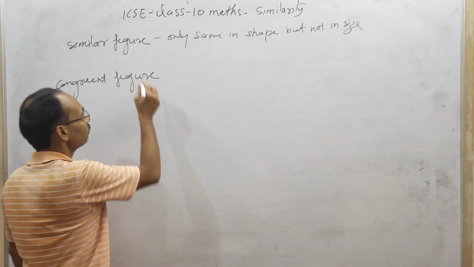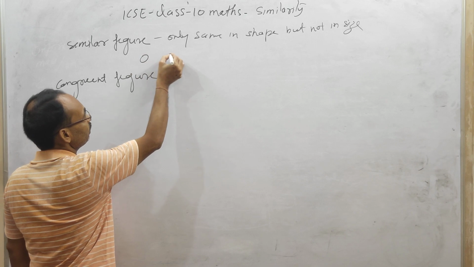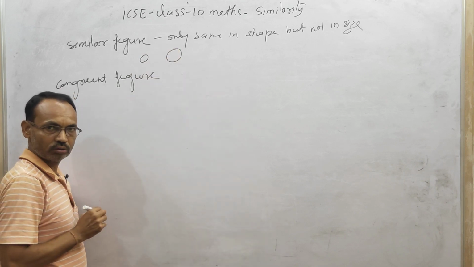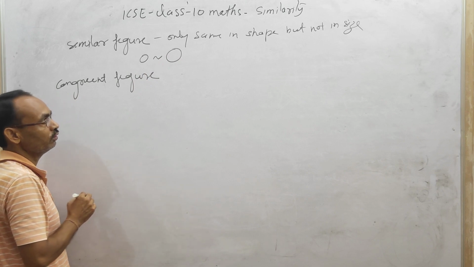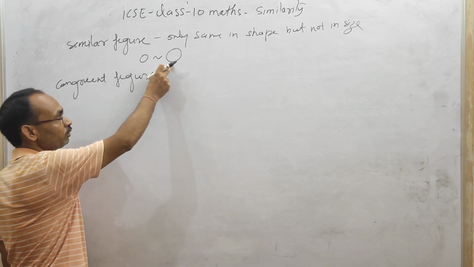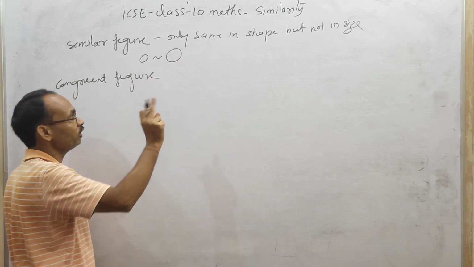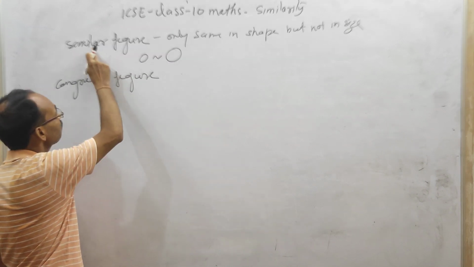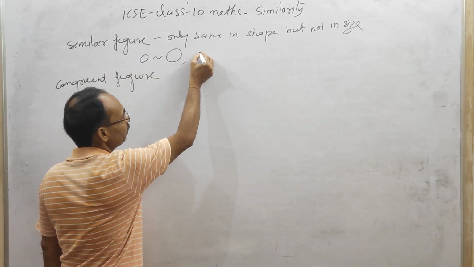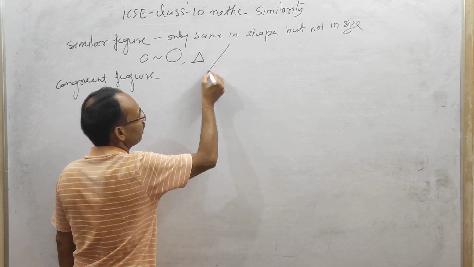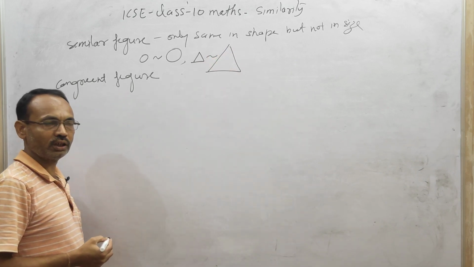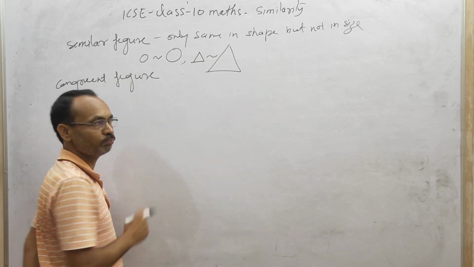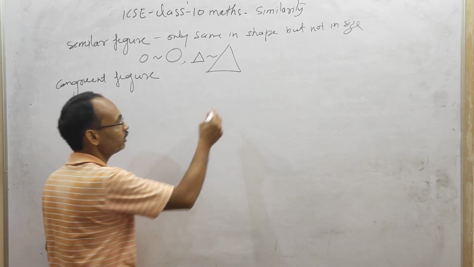It means two circles are similar, and the sign of similarity is this. They are the same in shape but not in size. The size is different, but they are similar. Two equilateral triangles are also similar figures, the same in shape but not in size.